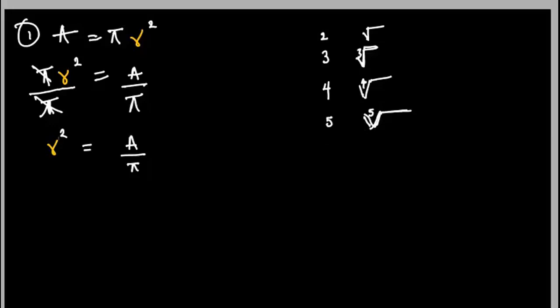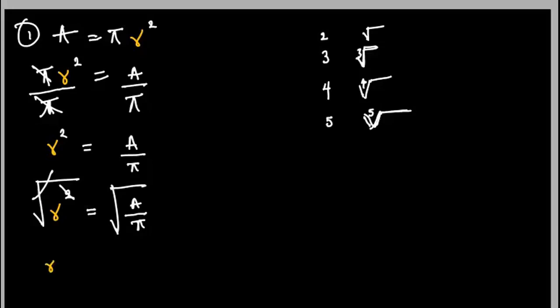So they work vice versa. So for me to remove this square here, I must take the square root on both sides. And we will have R equals A over pi. When I take the square root on both sides, the square will cancel the square root, and we now have R left.